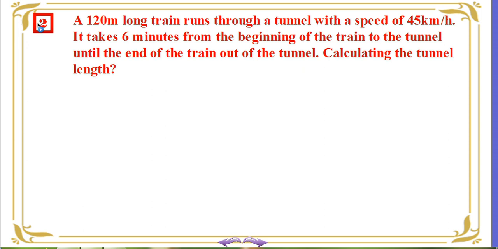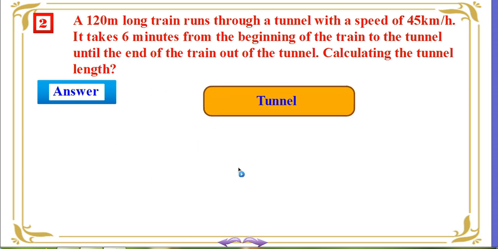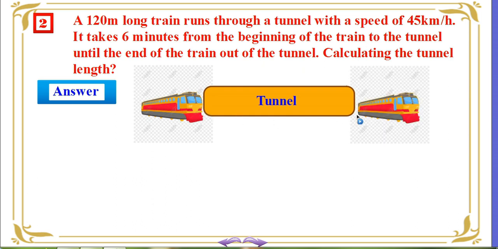Please look at the drawing that summarizes the problem. This is the tunnel. Now the train starts to enter the tunnel. From the front of the train entering the tunnel until the end of the train leaves the tunnel takes 6 minutes.